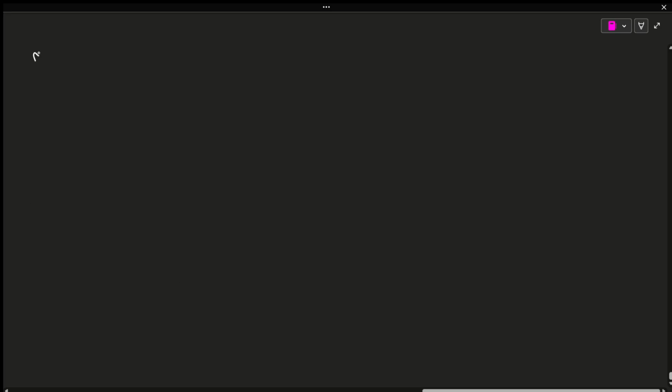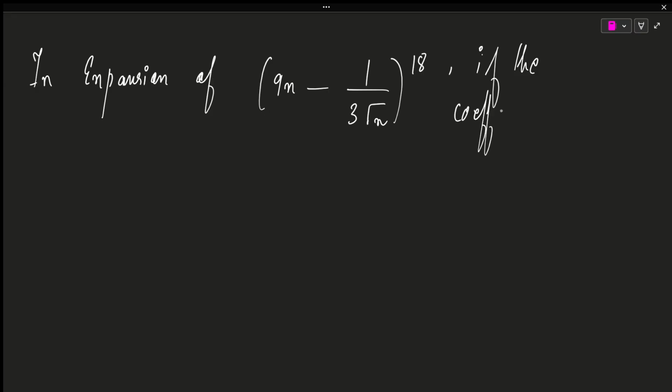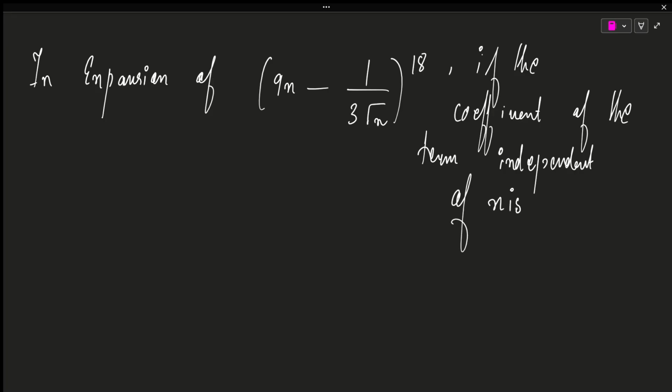So in expansion of 9x minus 1 divided by 3 square root of x, power 18, if the coefficient of the term independent of x is 221 into k, then the value of k is question mark.